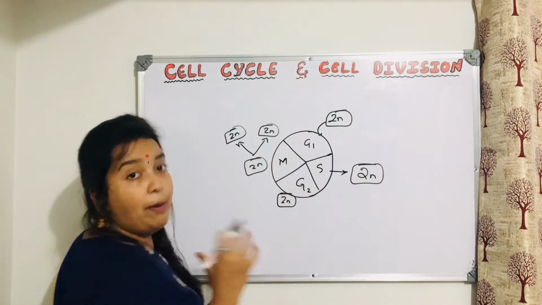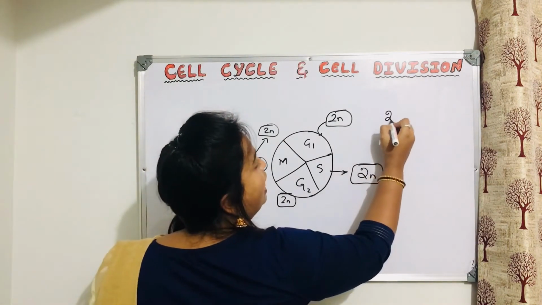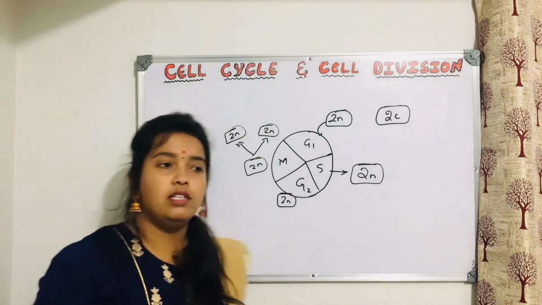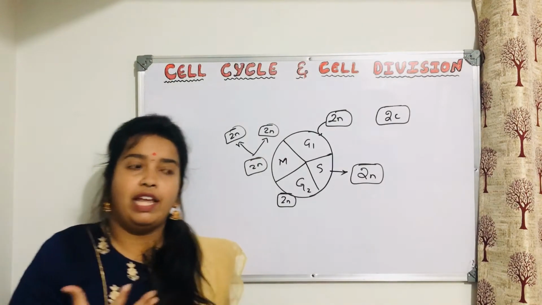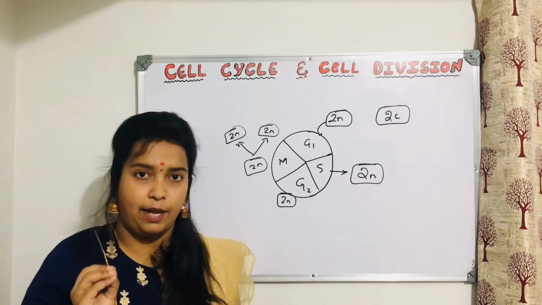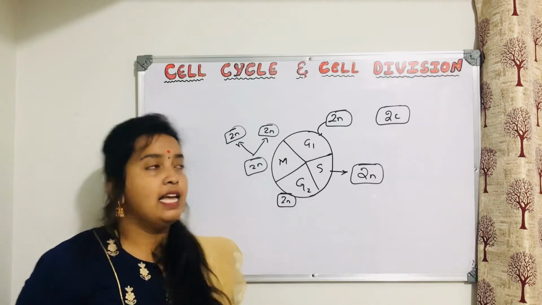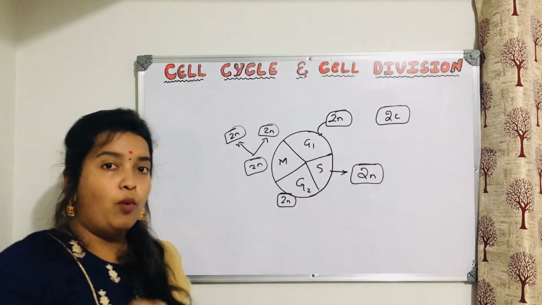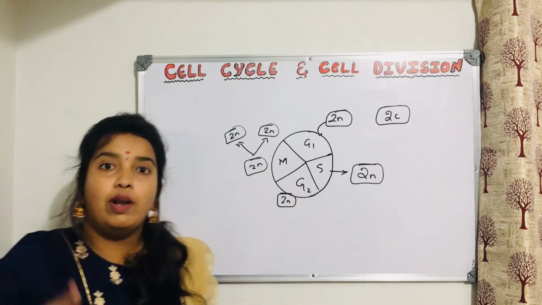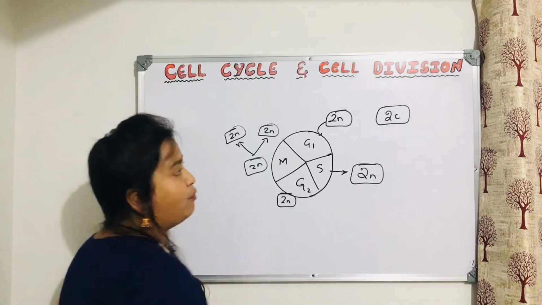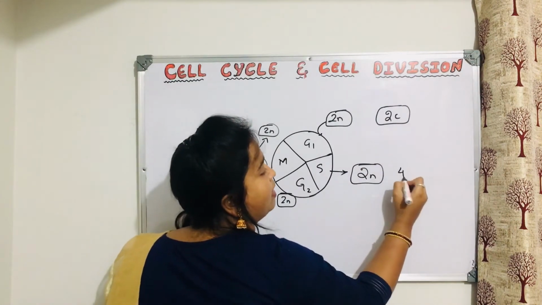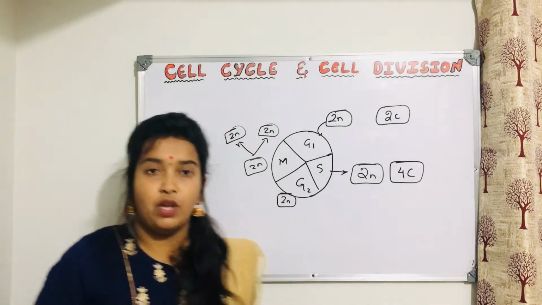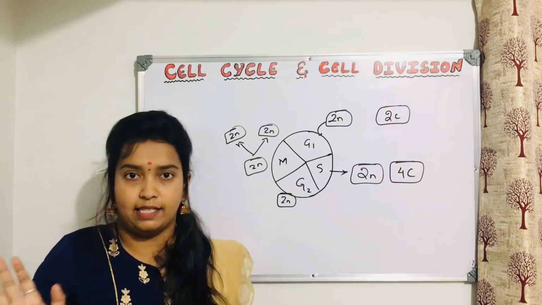But when you talk about the amount of DNA, when the cell enters the cell cycle it will be 2C, because the amount of DNA in a haploid cell is considered as C and in a diploid cell as 2C. Once it enters S phase, the actual replication will happen, and from 2C it becomes 4C. Only the amount of DNA has increased. Chromosomes have not increased.